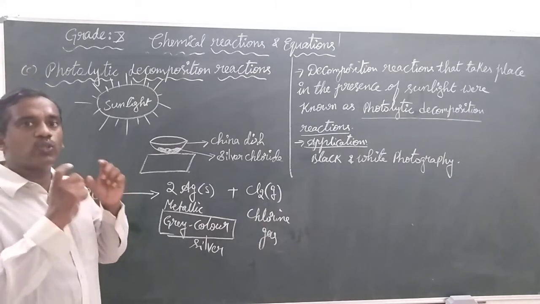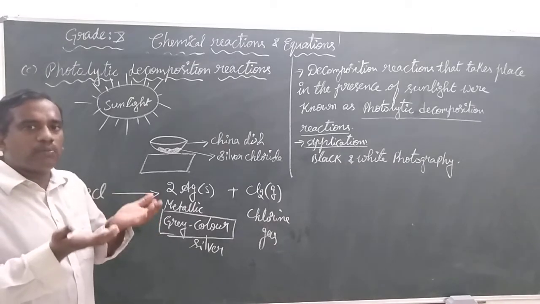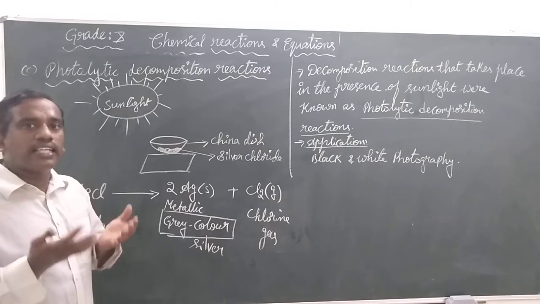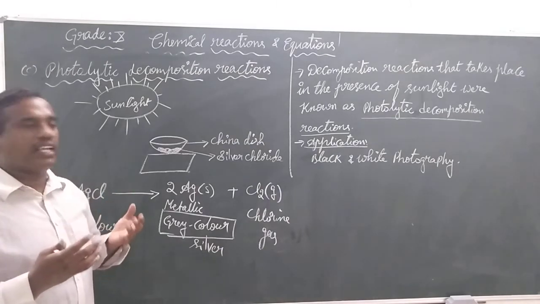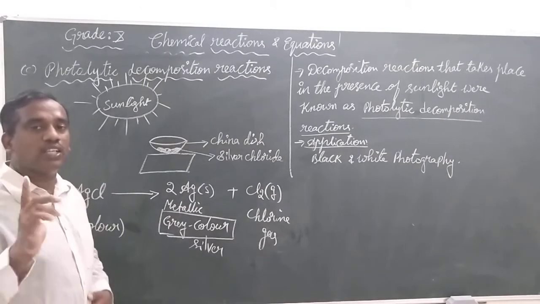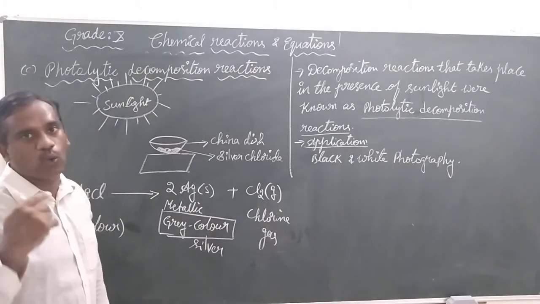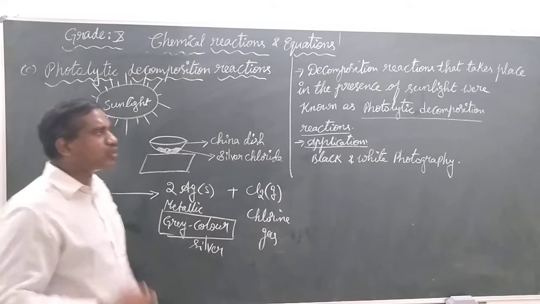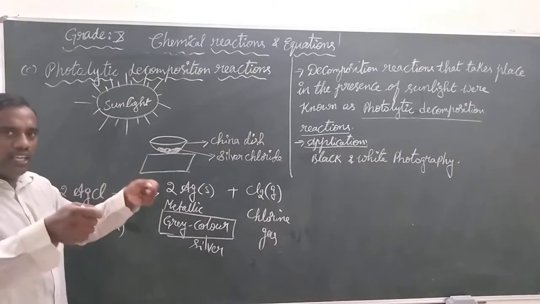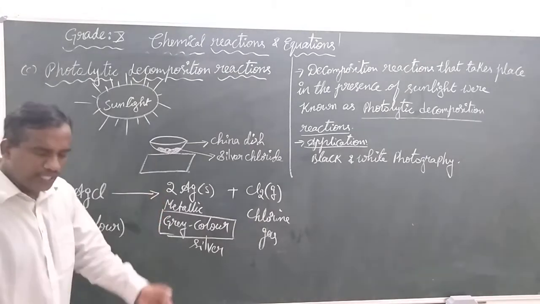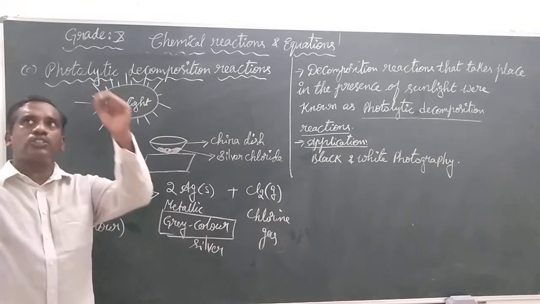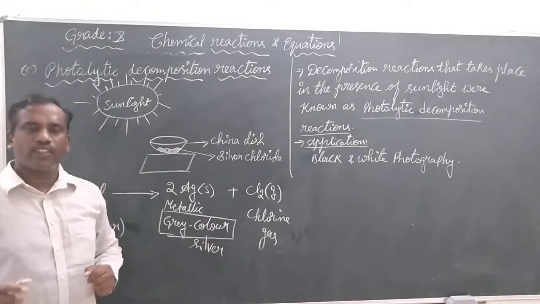That reel they used to develop by placing some content in a container, liquid. That liquid they used to apply there the silver chloride or silver bromide. And those days they used to develop only black and white photos. So those days they used to apply this phenomenon. That is, they used to place the negative in a solution and it used to develop one color, and they used to hang it in the presence of sunlight.